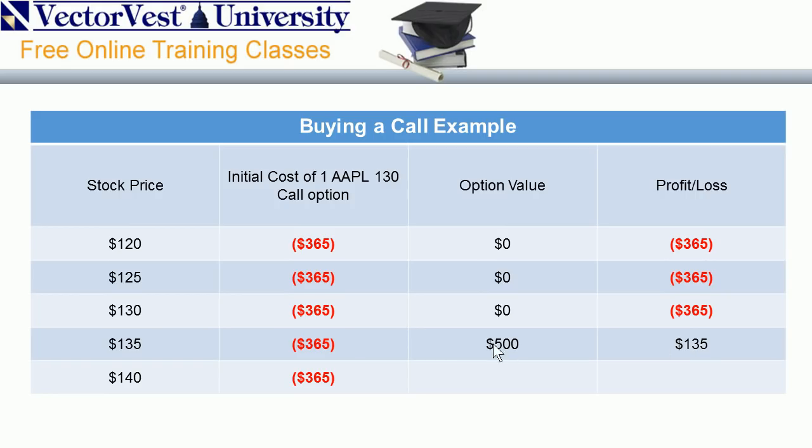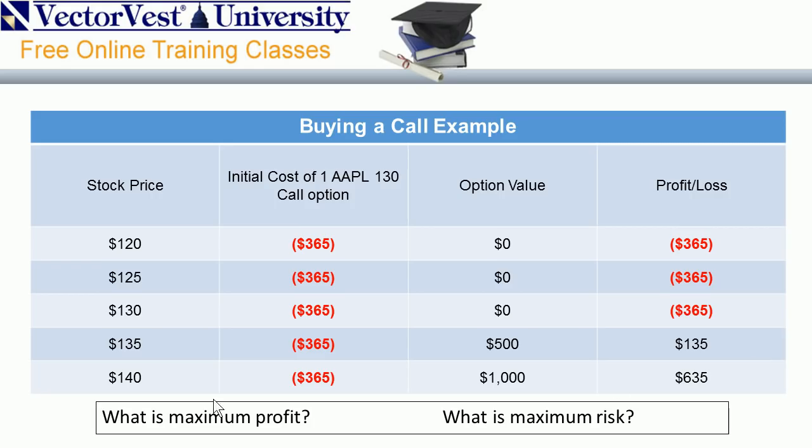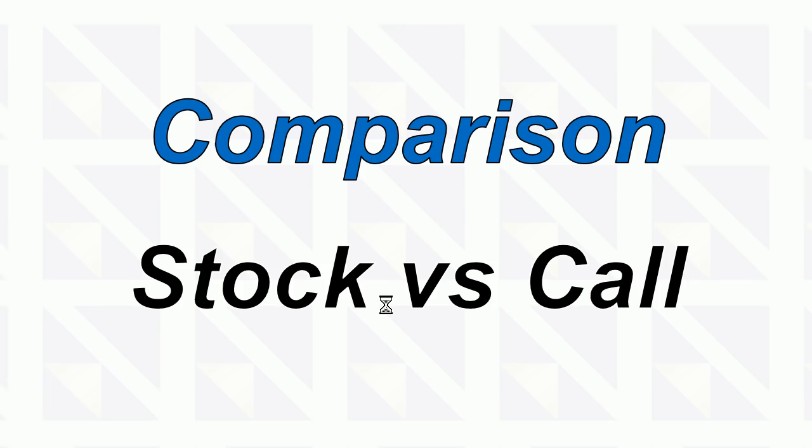That's $500 value minus the $365 that we paid to put the option trade on. And then finally, if it were to go to $140, we have a $1,000 value and a profit of $635. Just as if we own the stock, our max profit is unlimited, and our maximum risk, again, is this time only $365. Again, the premium I paid for the option contract.